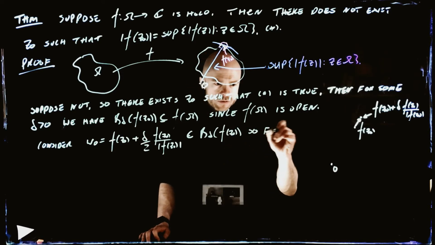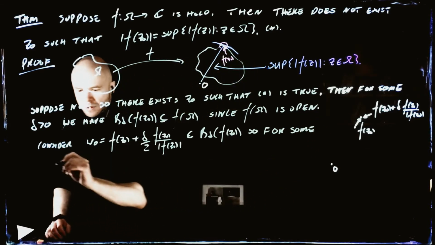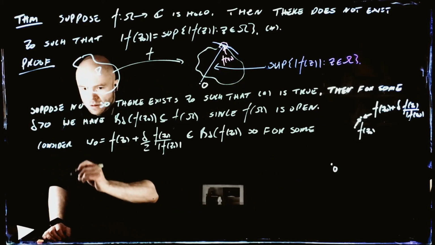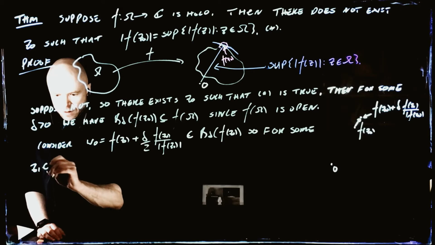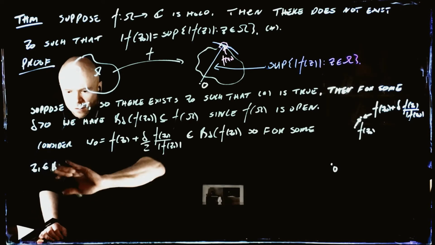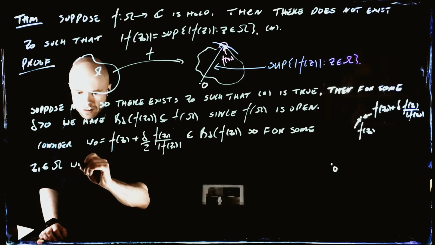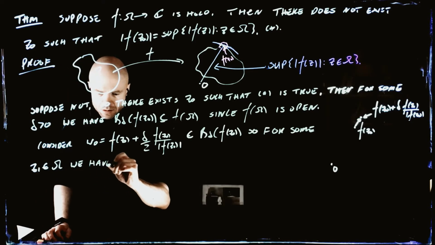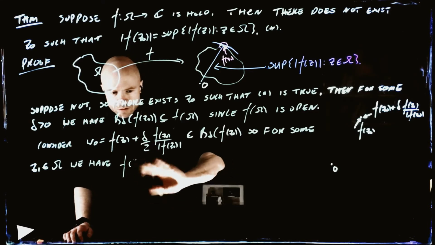So for some, let's call it z1 inside omega, we have that f of z1 actually is w0.